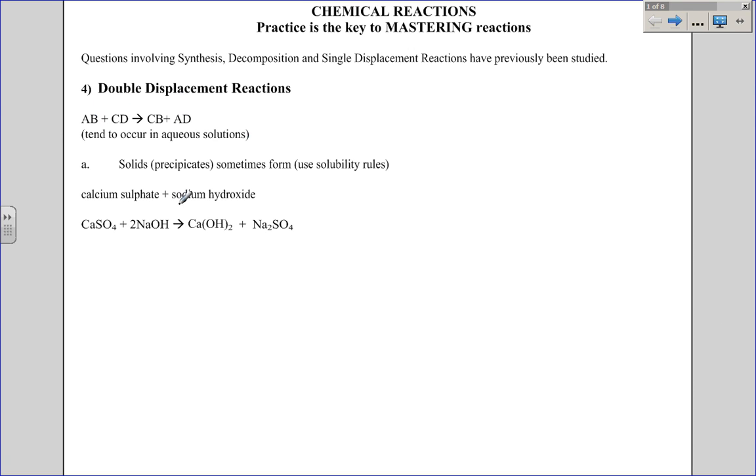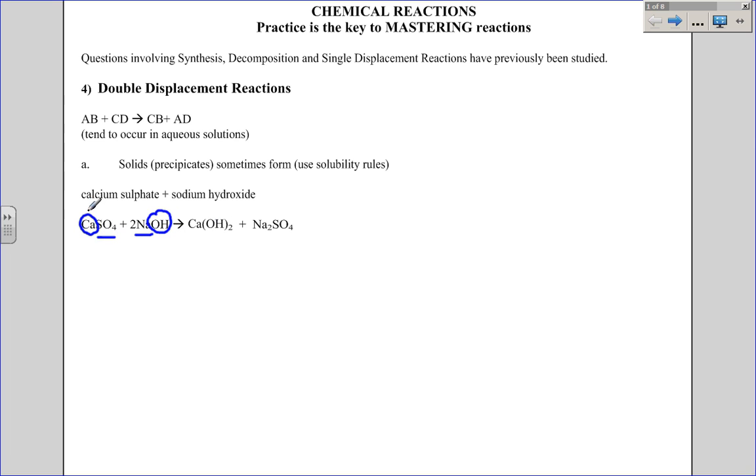So let's look at an example here. We've got a reaction where we've got calcium sulfate reacting with sodium hydroxide. And the products of this reaction were formed by taking the calcium ion and combining it with hydroxide, and the sodium ion was combined with the sulfate ion. Now you'll notice that the charges were considered.